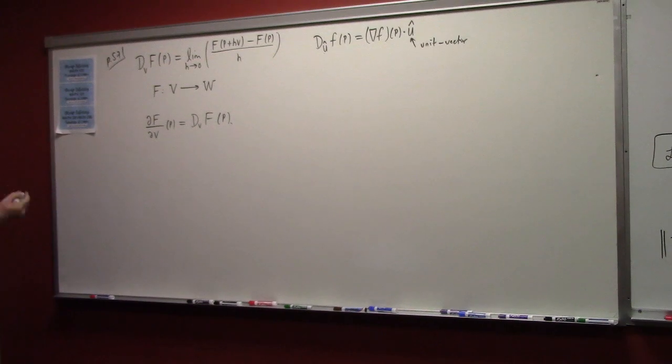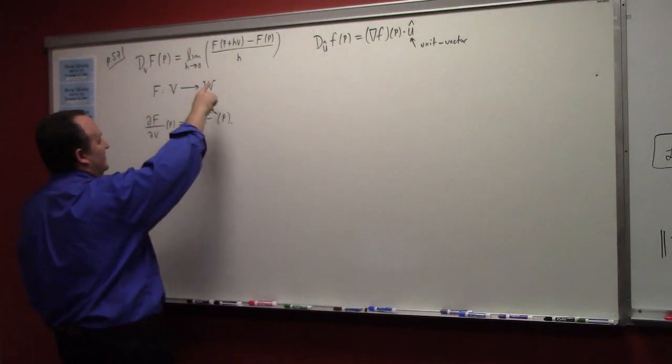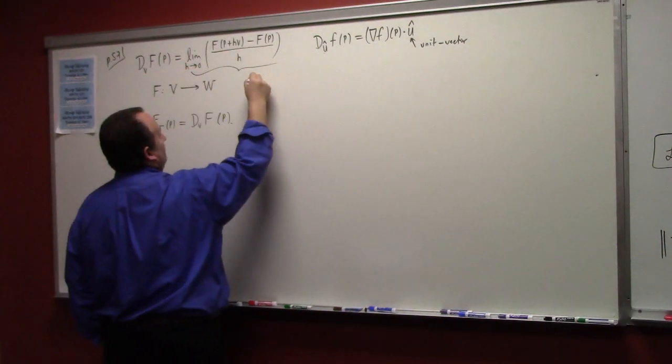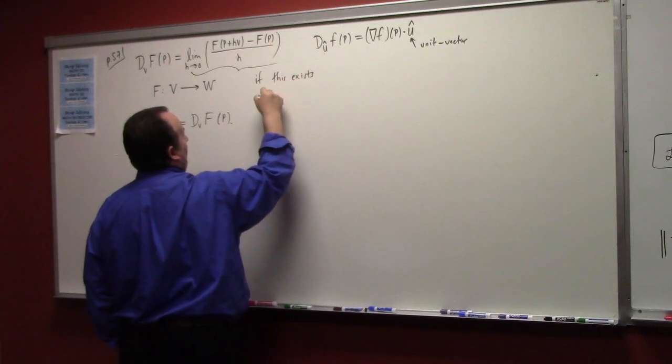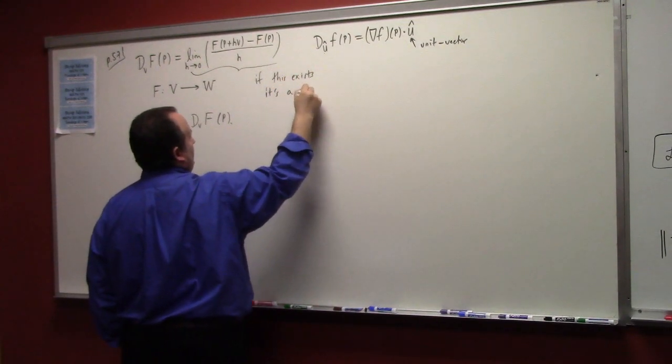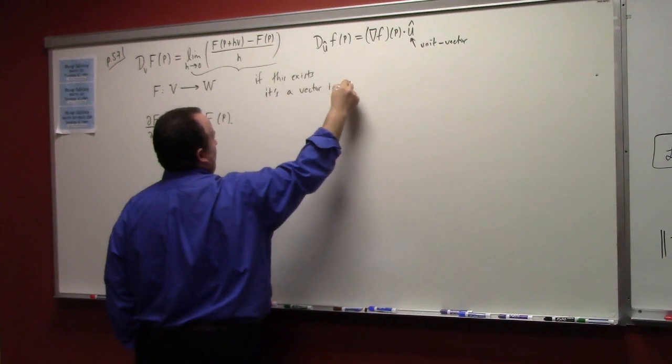It's the rate of change of f in the v direction at P, which is itself described by a vector in W. This limit, if it exists, is a vector in W, right?